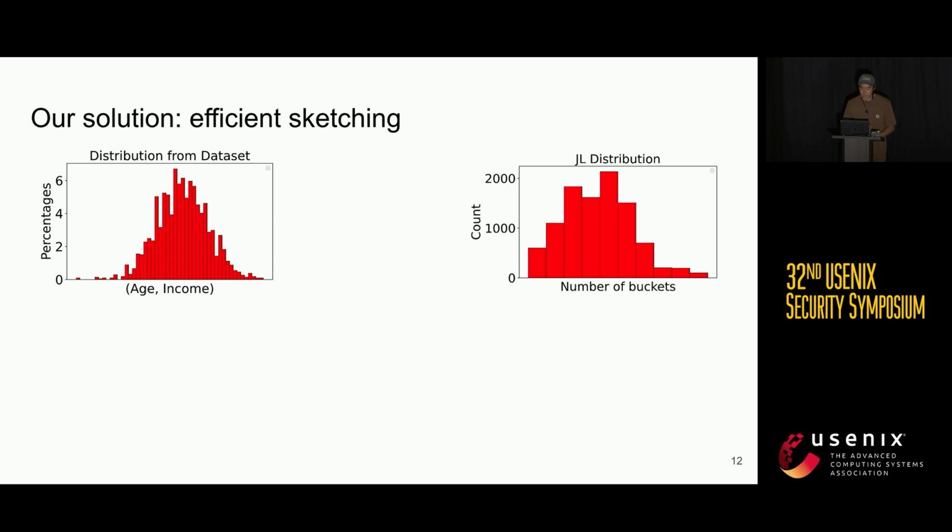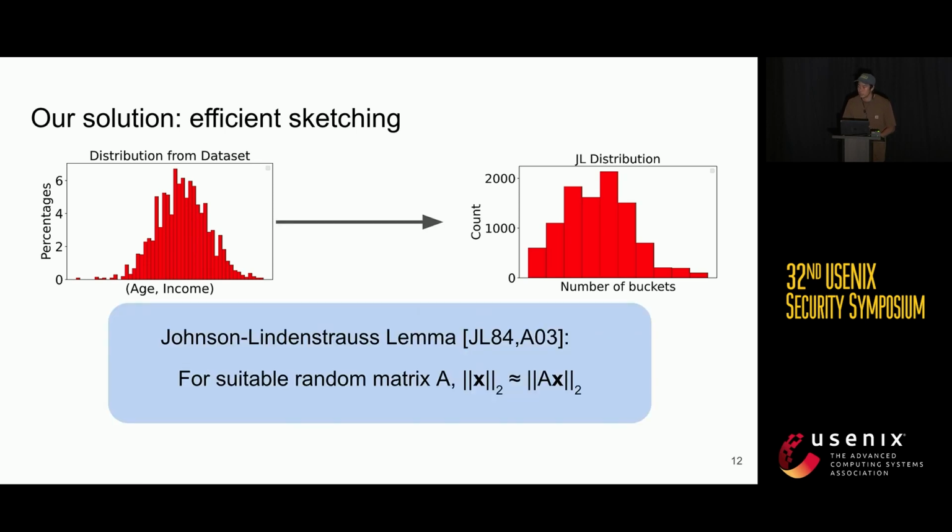and we need to think of something new that's a lot more efficient. And our solution is using a sketching approach with something known as the Johnson-Lindenstrauss lemma. Essentially, at a very high level, what we do is we take this histogram with an exponential number of columns and we project it into a histogram with a constant number of columns as seen on the right.